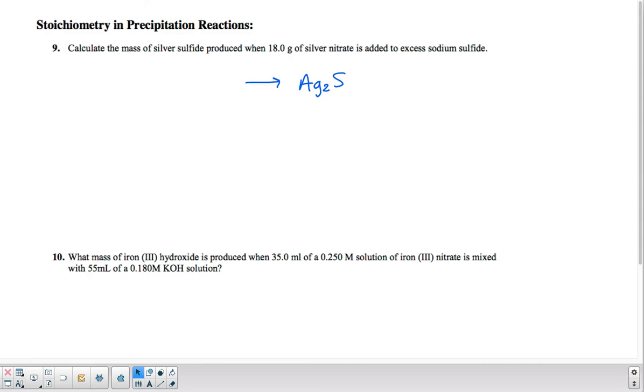When 18.0 grams of silver nitrate is added to excess sodium sulfide, we're looking for the mass of this. What is my other product?